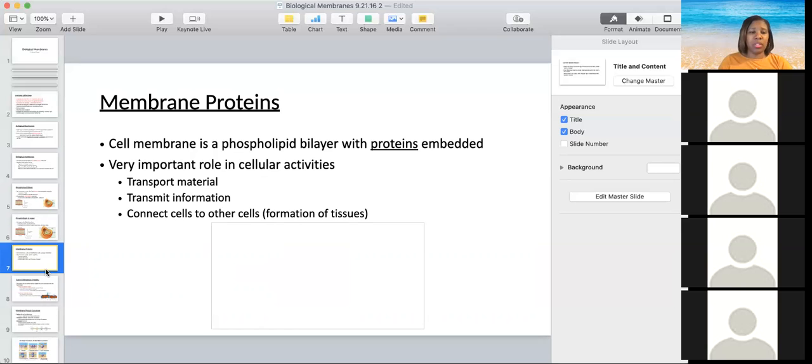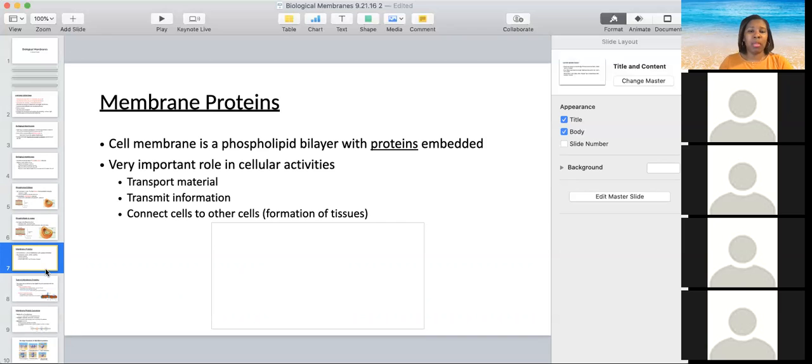Transporting materials. All right. Substances need to get into and out of the cell. The proteins that are embedded in the cell membrane are going to facilitate the transport of these materials and molecules into and out of the cell. Transmitting information. Okay, we talked about this concept of signal transduction and communication between the inside of the cell and the outside of the cell. All right, proteins embedded in that membrane are going to facilitate that.